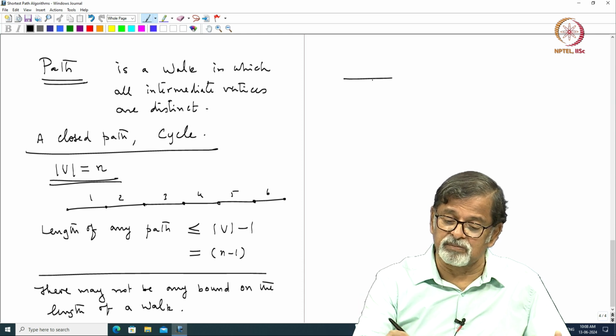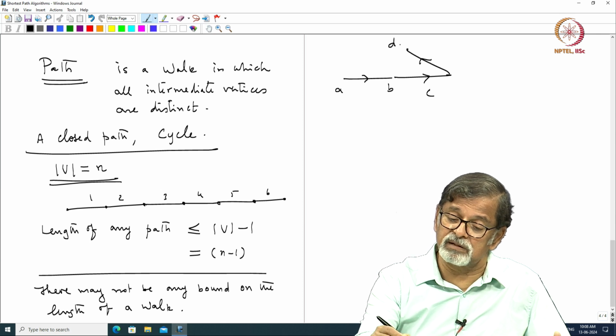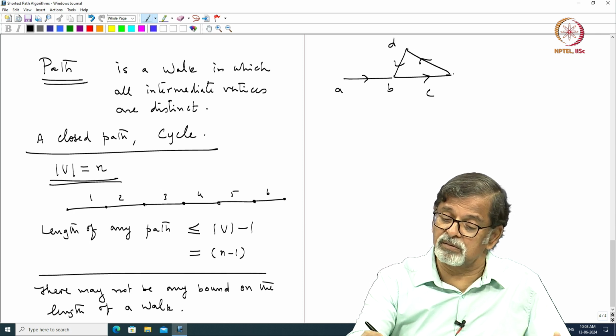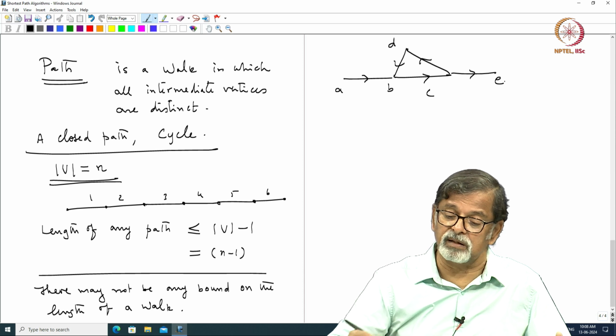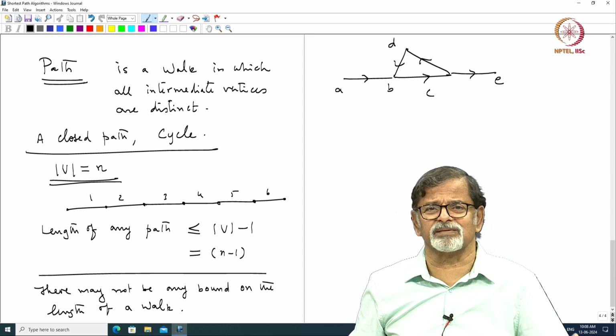Consider, for example, this graph. It is a directed graph.